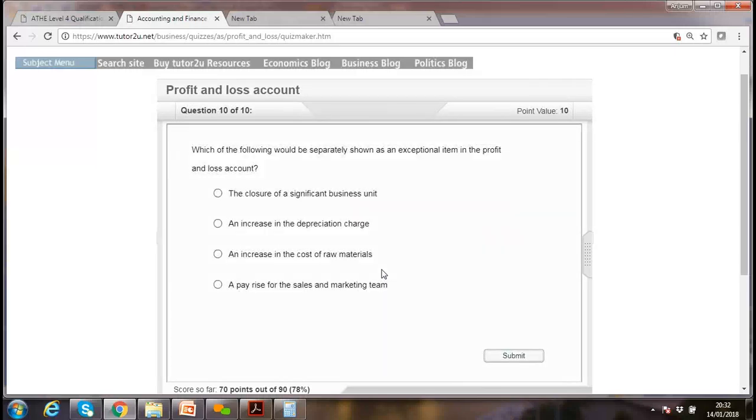Which of the following would be separately shown as an exceptional item in the profit and loss? Exceptional items are not really part of it. Anything outside the normal is too much, so we can show it. Just pick the option which one you think. Any option, no problem. Don't worry.